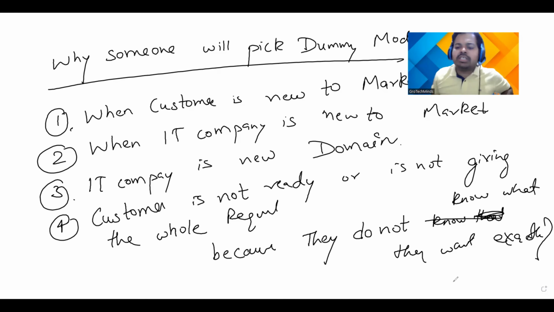And when the customer is not ready to give the whole requirement, probably because they are not sure what exactly they need. They know what they need on a high level, but they do not know what exactly they need at a low level. So these are a few of the reasons why somebody wants to pick the dummy model or prototype model.